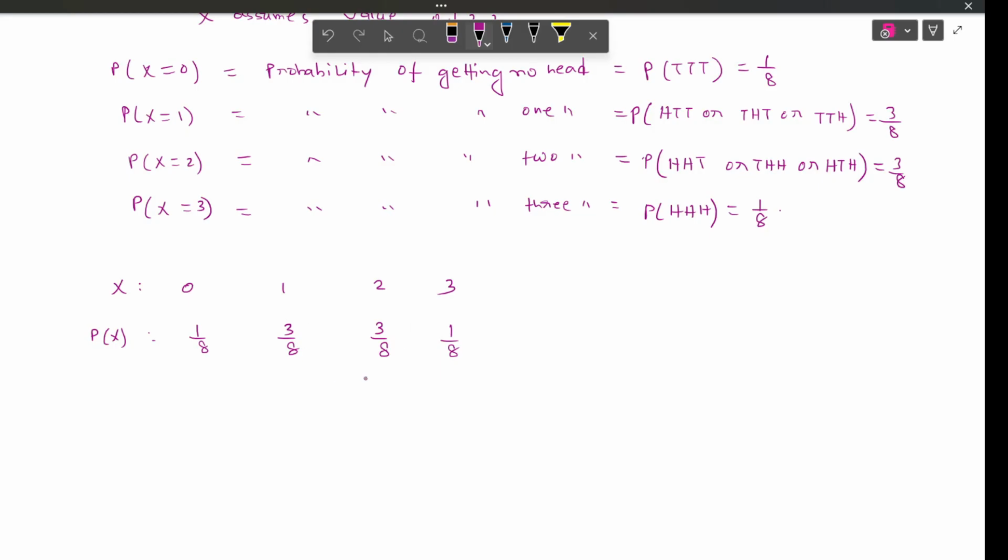This tabular representation of the values of random variable X and the corresponding probabilities is known as probability distribution. So this is your probability distribution. I think you got the point. What is probability distribution?